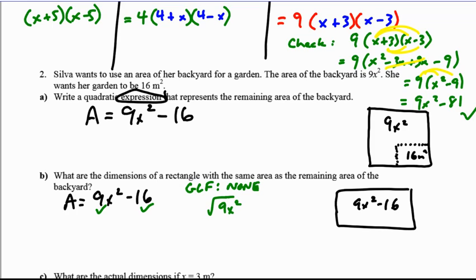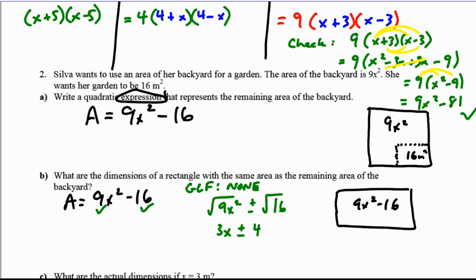This is actually a bit unique because we haven't seen this yet. We have a perfect square of 9 and a perfect square of x squared, so plus and minus the square root of 16. So we will have 3, because the square root of 9 is 3, the square root of x squared is x, and plus or minus 4.